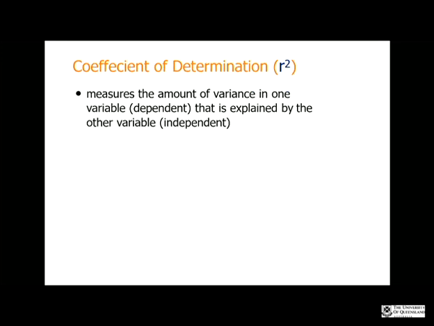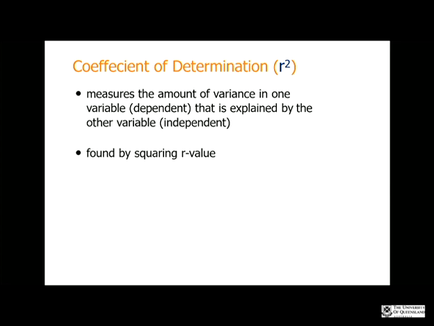So the last thing is the coefficient of determination. It's made by squaring the R value. It measures the amount of variance in one variable that is explained by the other variable, okay? The amount of variance in the dependent variable explained by the independent variable, the one that we can change in our treatments.